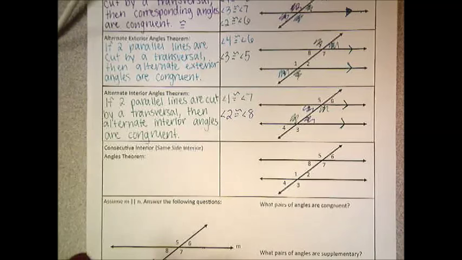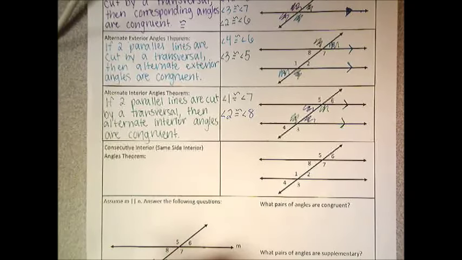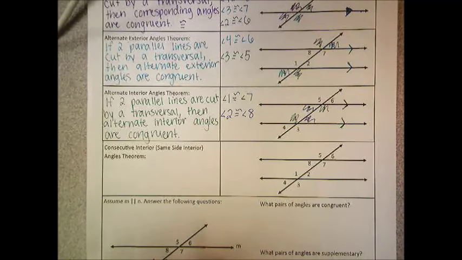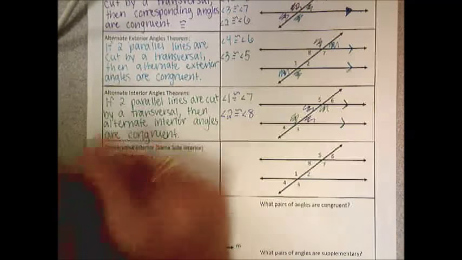Alright guys, we got one last theorem left. Our consecutive interior or same side interior angles theorem. This is going to sound familiar again, but there is a slight difference in this one, so pay attention.